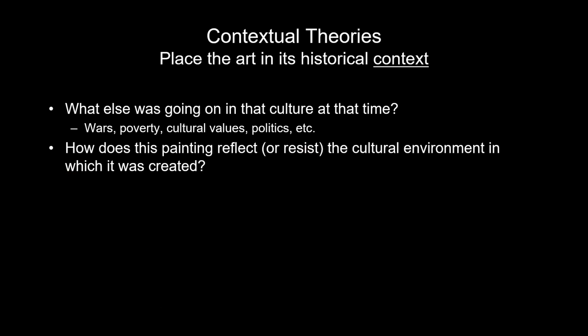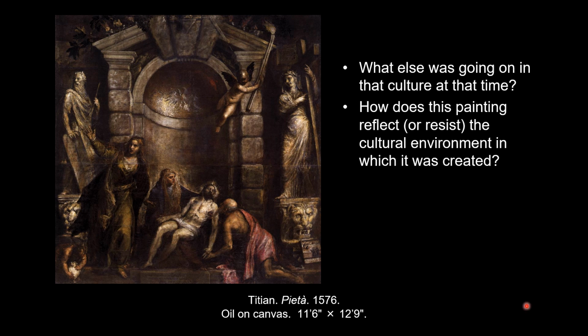Well, let's see how it applies here. Okay, so if we were to apply the contextual theories to Titian's Pietà, you would see what was happening in the location, which is Venice, Italy, 1576. What was happening in Venice, Italy in 1576? And the answer is the plague was happening.